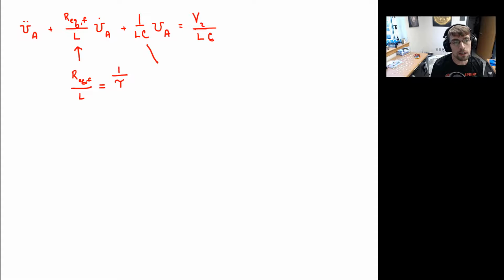Now, right here, this 1 over LC, that is sometimes called the natural frequency of the circuit. So that's usually called the natural frequency, and oftentimes you'll see it given the value omega naught squared. Or if you prefer, you could do the square root here.